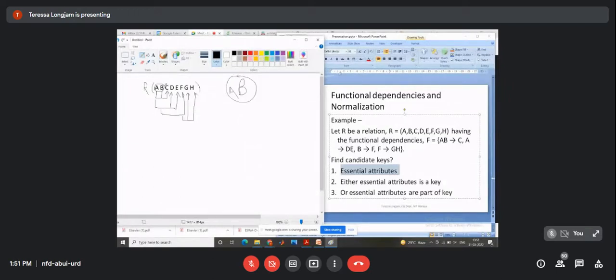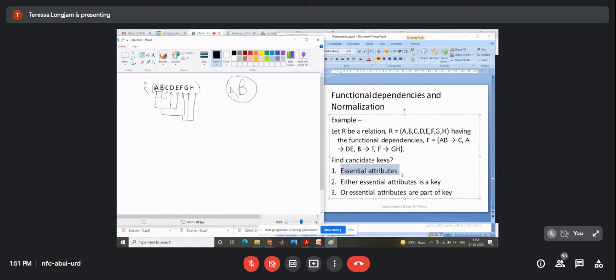Why am I drawing like this? Because the attributes which do not have any incoming edge are going to be the essential attributes. Here we have A and B. A and B don't have any incoming edge, isn't it? They are all outgoing. So that is why AB is the essential attribute.